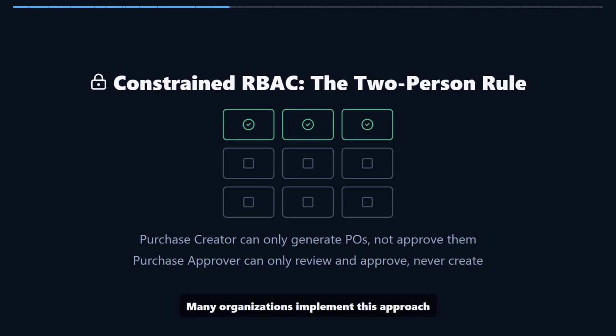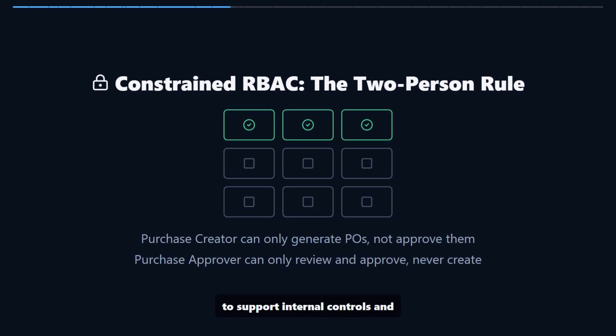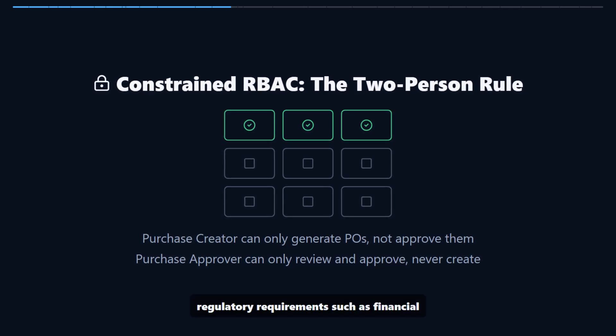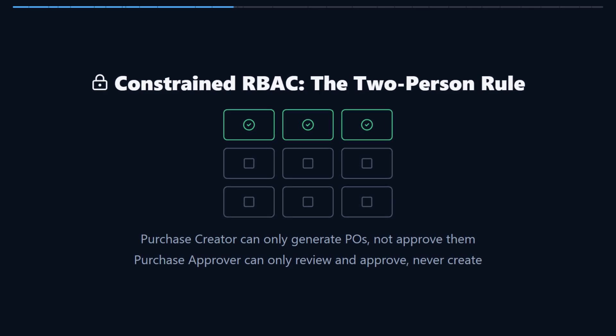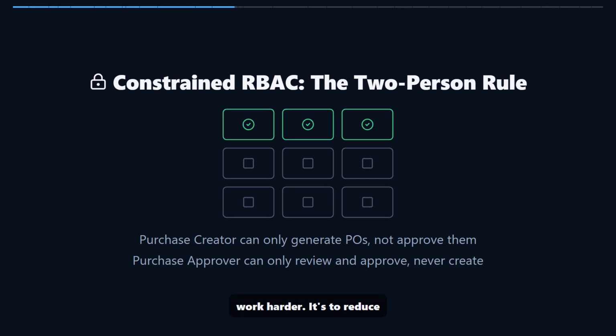Many organizations implement this approach to support internal controls and regulatory requirements such as financial auditing, healthcare, and government compliance. The goal isn't to make work harder. It's to reduce risk by ensuring that important decisions require independent oversight.